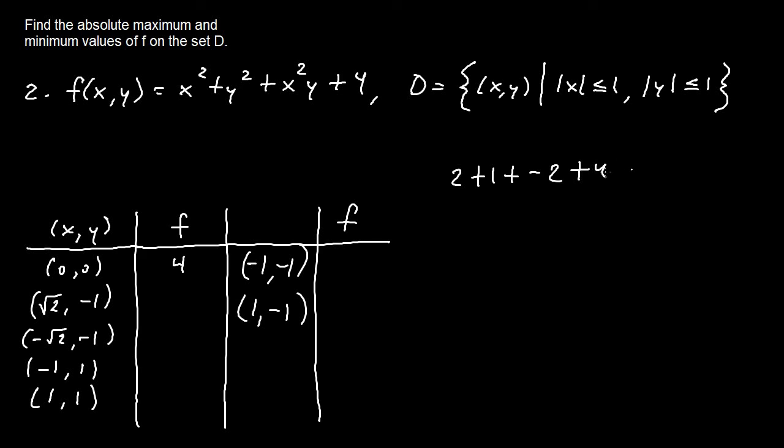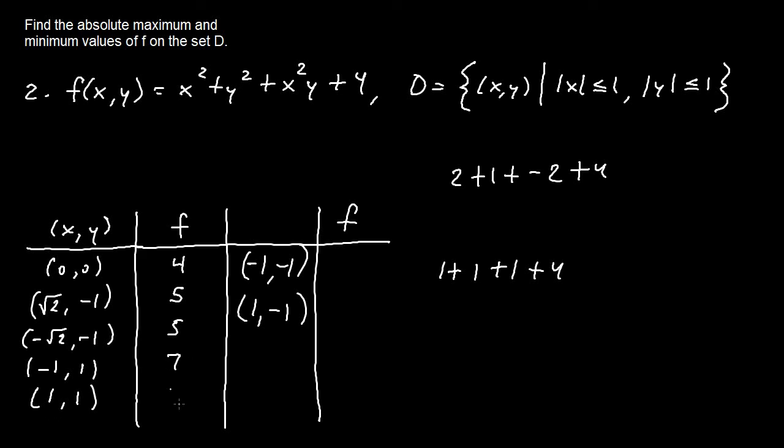So we end up getting 5. Realize that if I plug in (negative square root of 2, negative 1), we get the same output, 5. Now if I plug in (negative 1, 1), we get 1 plus 1, plus 1 times 1, so plus 1, and then plus 4, so we get 3 plus 4, which is 7. And if I plug in (1, 1), we get the same output.